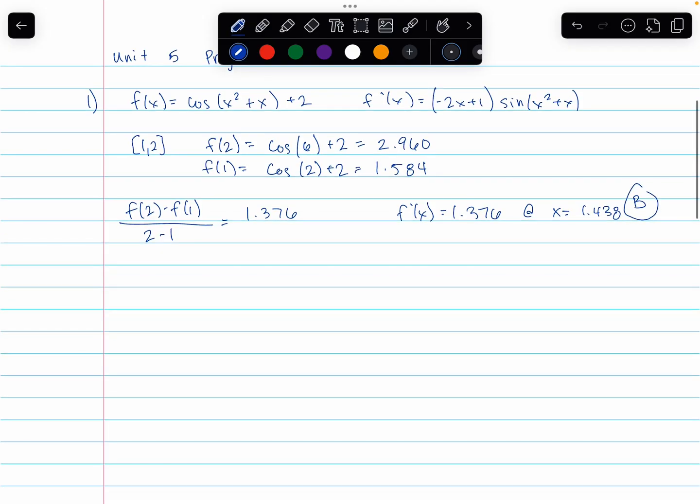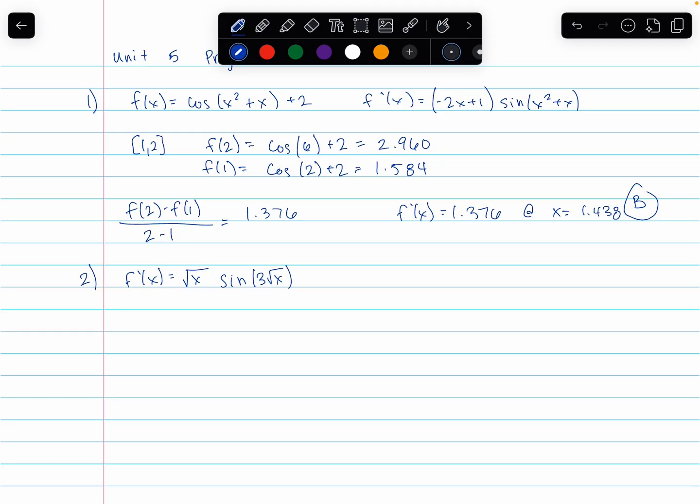All right, the next question, we see the derivative of the function f. This is also calculator required. We're given f prime of x is equal to the square root of x times sine of 3 root x.